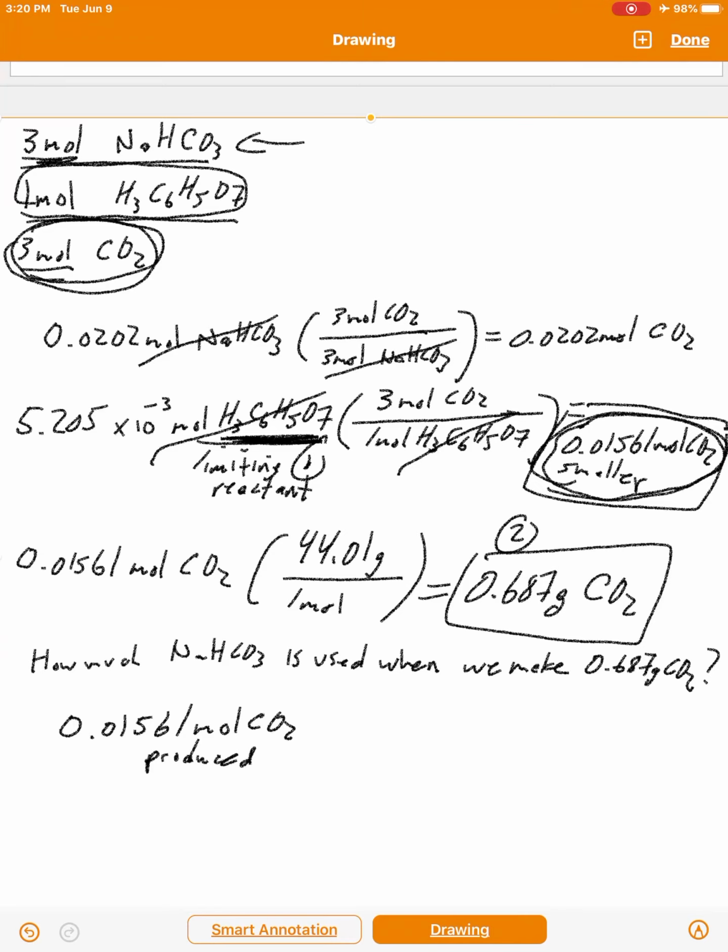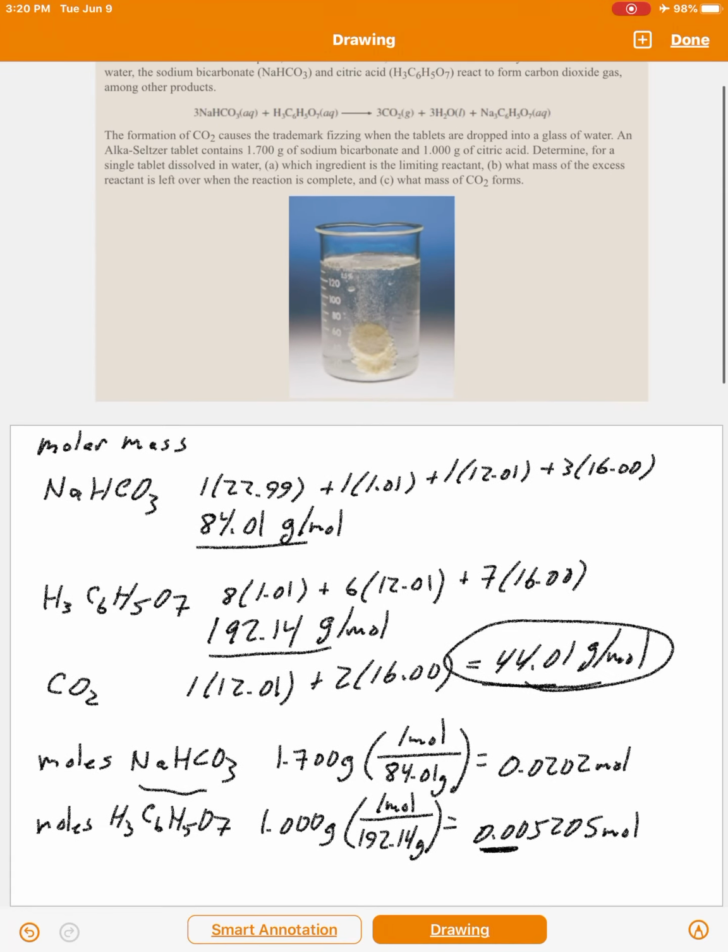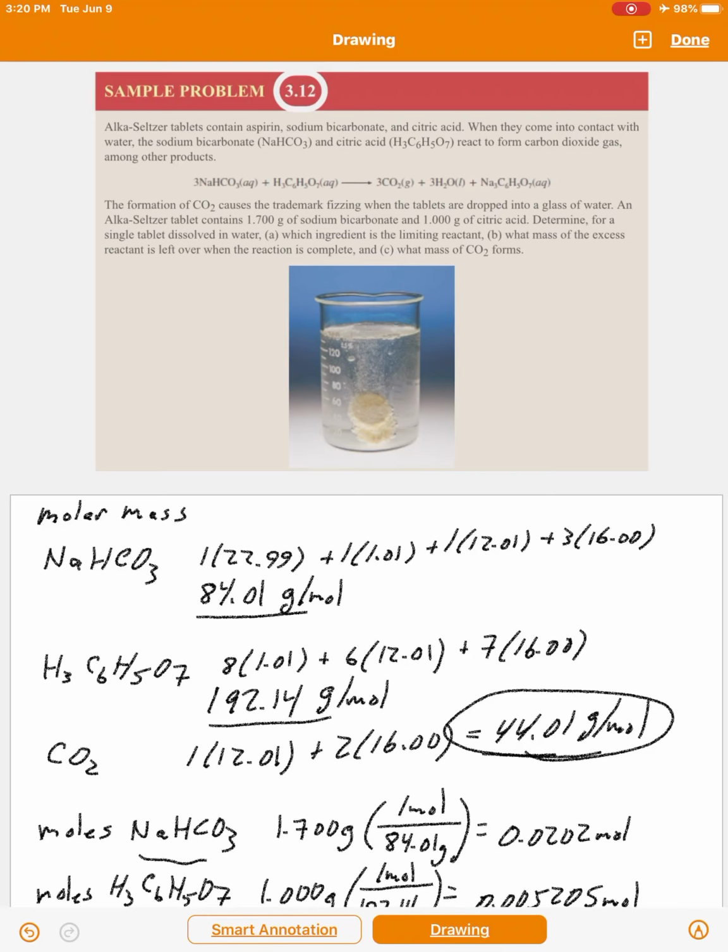The production of CO2 has at least 2 requirements, but 2 that we can quickly identify. One is citric acid. Without the citric acid, there's no CO2, just in the same way that if there's no flour, there's no cookie. But we also need sodium bicarbonate to make the CO2. We also need sugar to make a cookie.